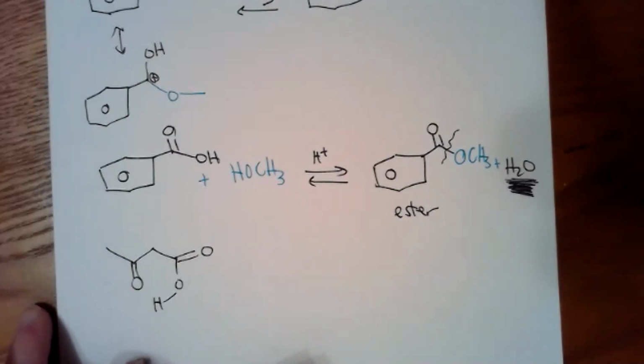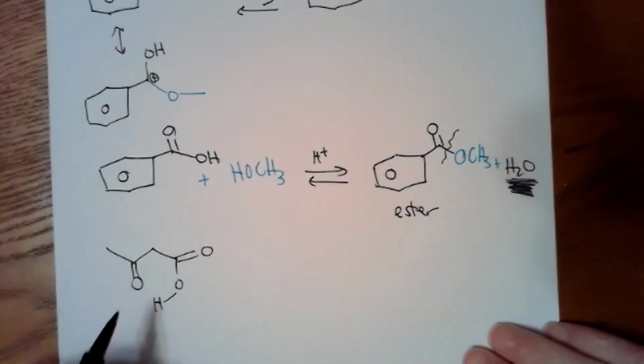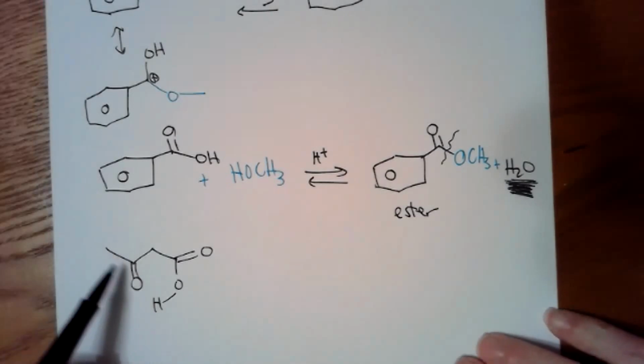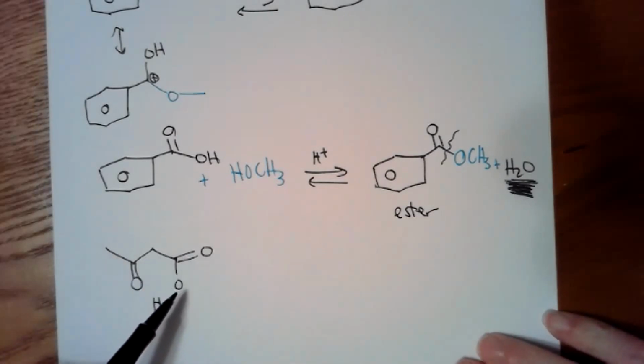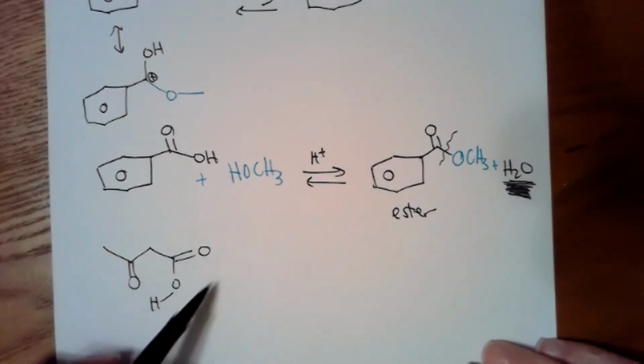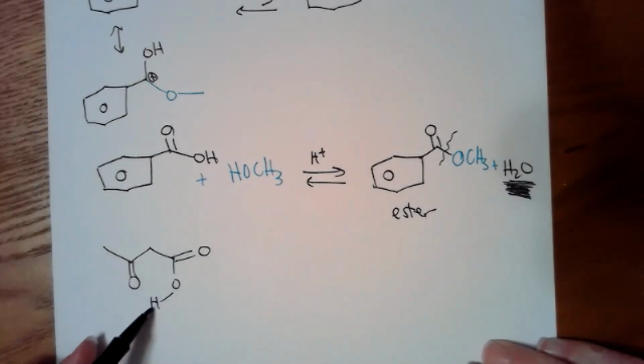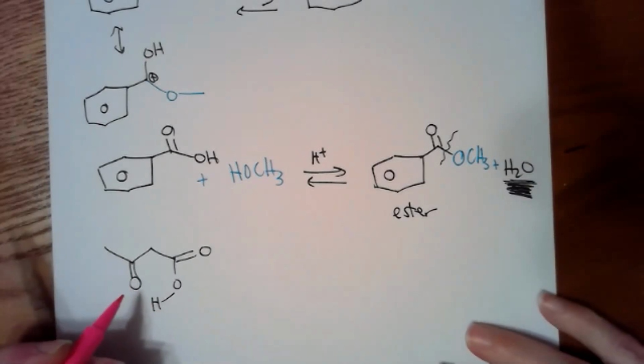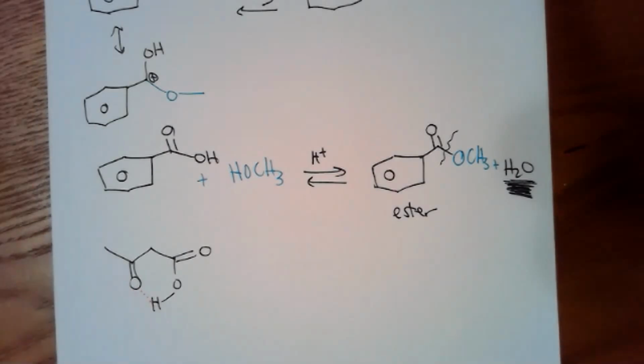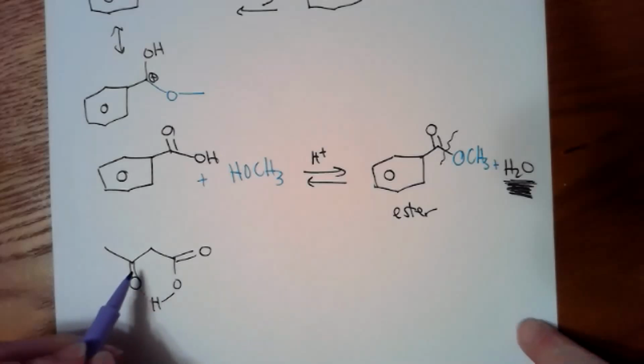If I take that carboxylic acid, that acetoacetic acid that was on your slides, and I just spin it around so that my curved arrows are easier to draw, I spin it around so that my carboxylic acid part looks like this. This is nice because there's a little hydrogen bonding that can happen within that molecule. So we're going to draw this decarboxylation reaction as a cyclic thing happening.